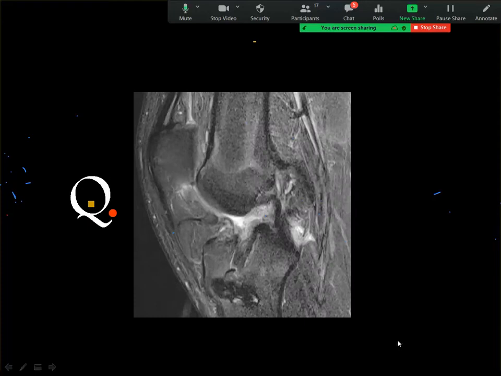Then this is the second case, and this is MRI of the knee of a patient with history of ACL reconstruction, and what is your opinion in the graft?